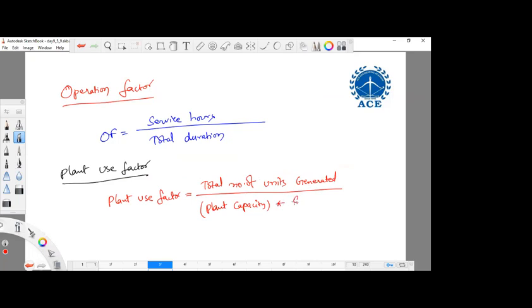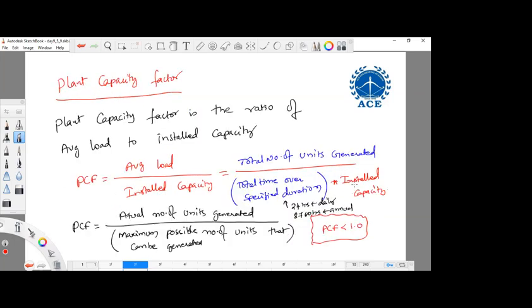That means the hours that the unit has actually run in operation are known as service hours. So for plant use factor, you consider the service hours in the denominator, and for plant capacity factor, you consider the total time over the specified duration.